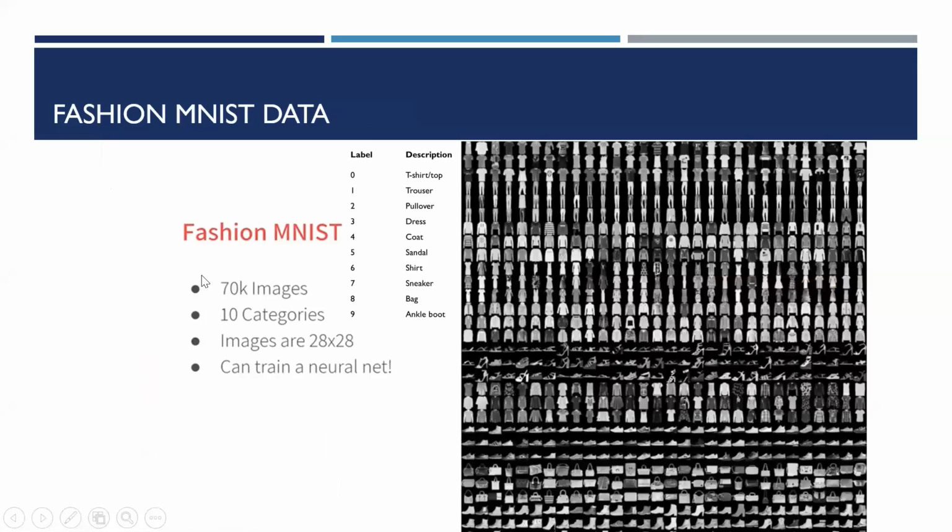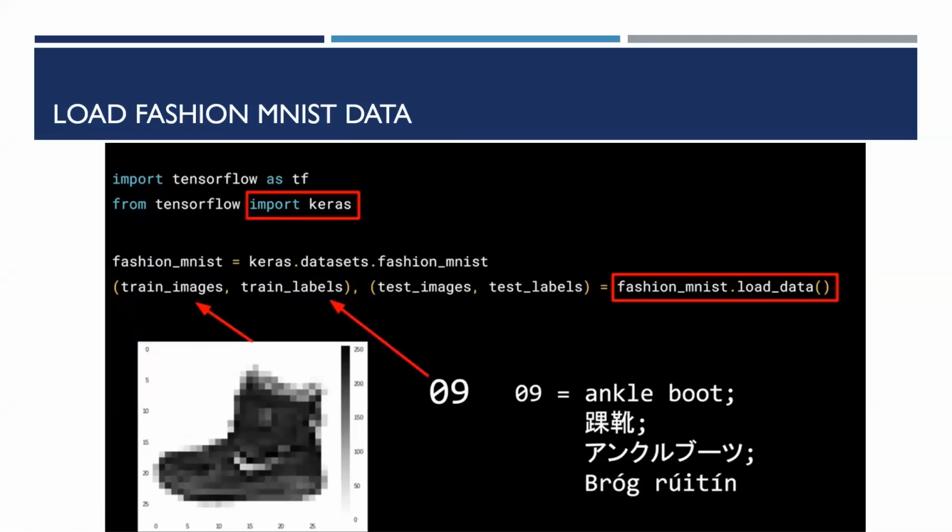Out of these 70,000 images, when we train, we'll be using 60,000 images for training. So we're training our neural network using 60,000 images, and then 10,000 images will be used for testing.